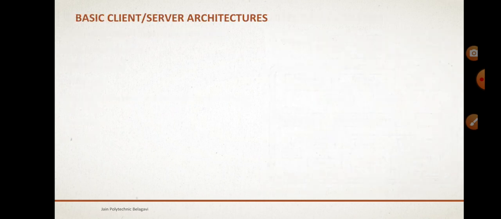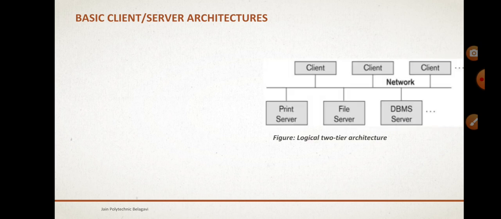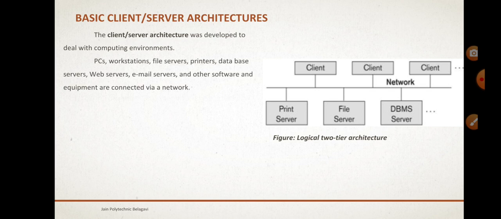So next we see basic client server architecture. It is also called a logical two-tier architecture. As shown in the figure, clients are connected using a network to resources: printer server, file server, or a database management system server.